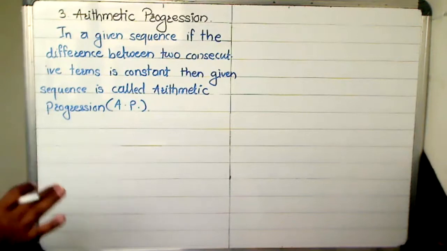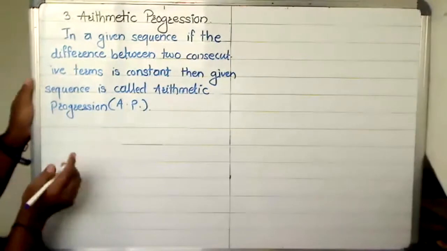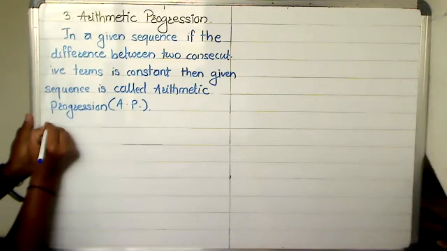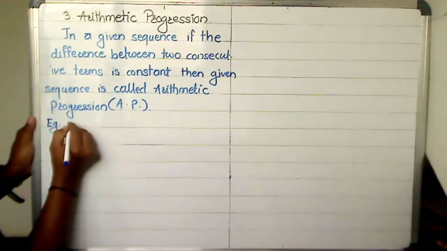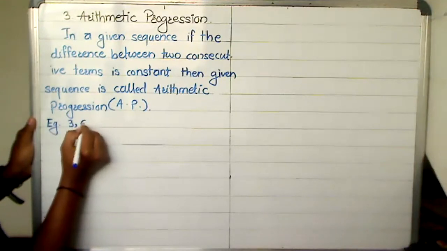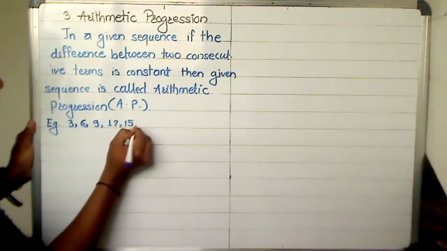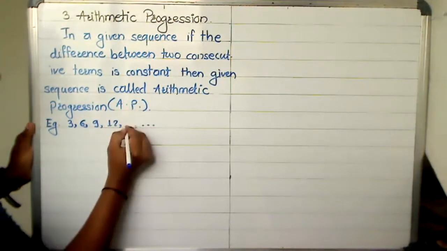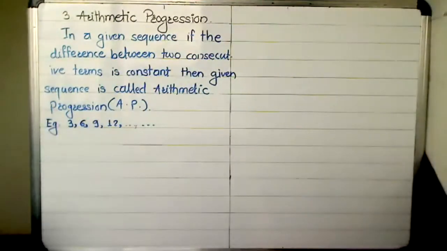Suppose we have this sequence: 3, 6, 9, 12, 15, and so on. Now, is this an arithmetic progression or not?